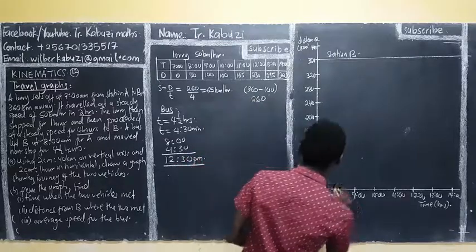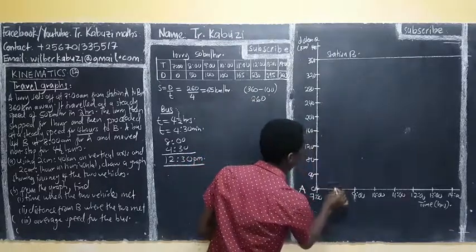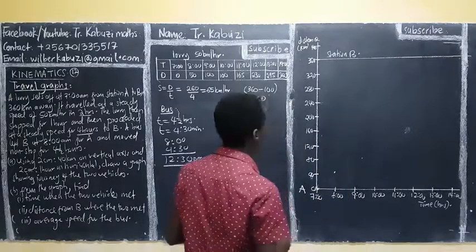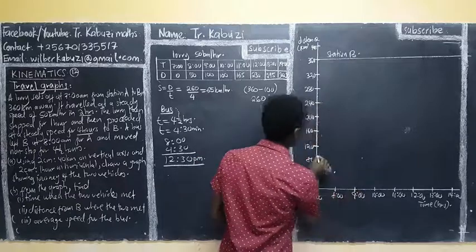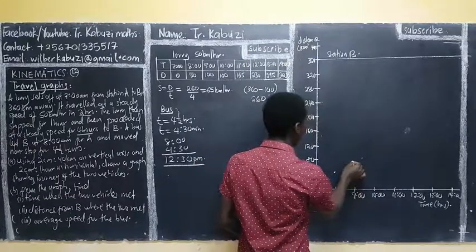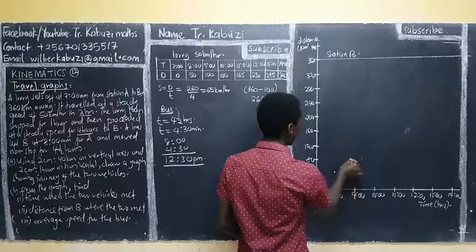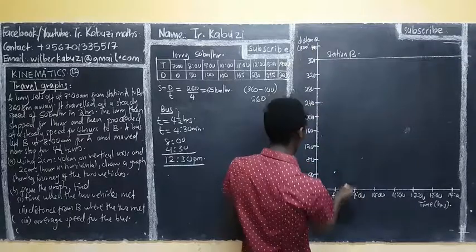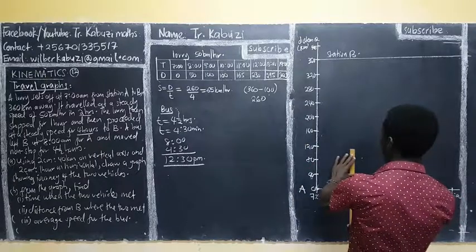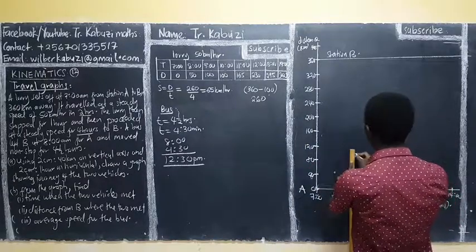Your graphs are going to be okay. That's where my 50 is. Then at 9, it was at 100, which is here.